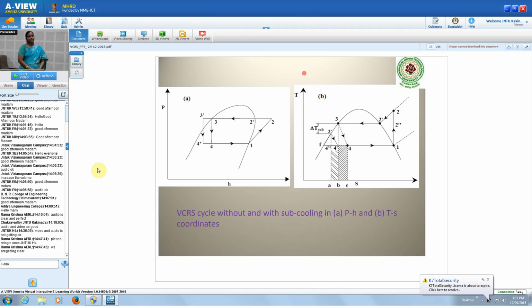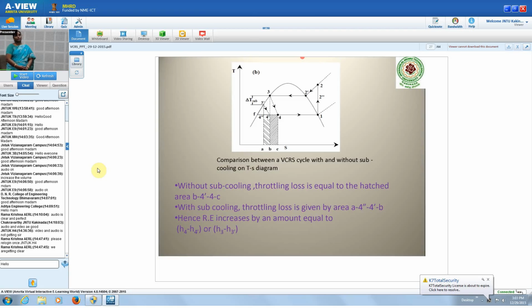With this we can increase the refrigerating effect. The same thing is again given in the diagram. Without subcooling, the throttling loss is equal to the hatched area under B4-4C.